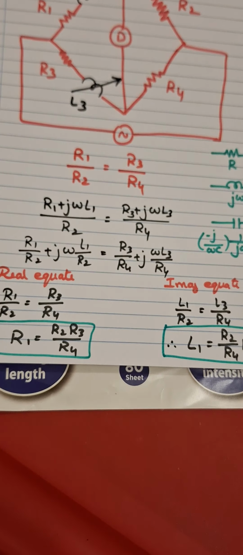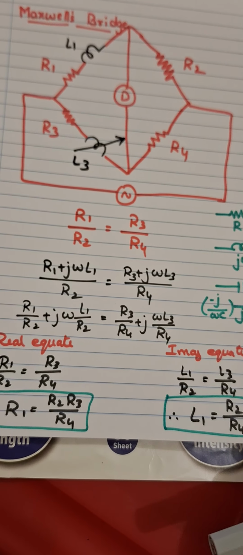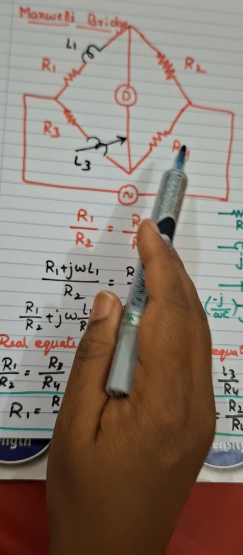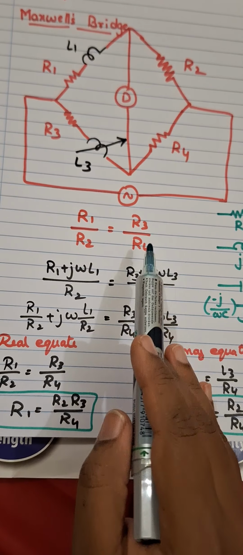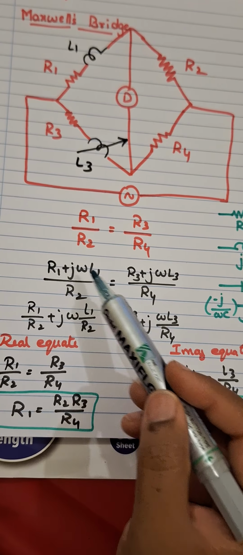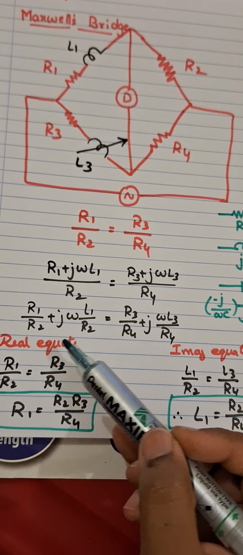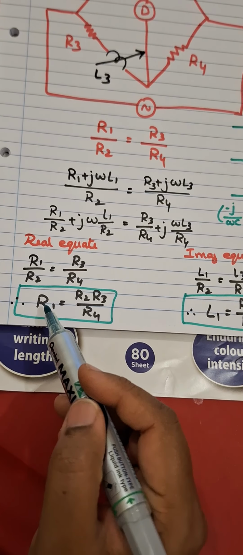So what is Maxwell's bridge saying? This is also a bridge element, like bridge circuit, which is having 4 legs. So opposite legs are written like this: R1 by R2 is equals to R3 by R4, ratio of opposite legs. But R1 is with combination of inductor, R3 is also in combination of inductor. So that's the reason we got this equation. Now we are supposed to equate real part separately and imaginary part separately. When we equated real part, we got R1.